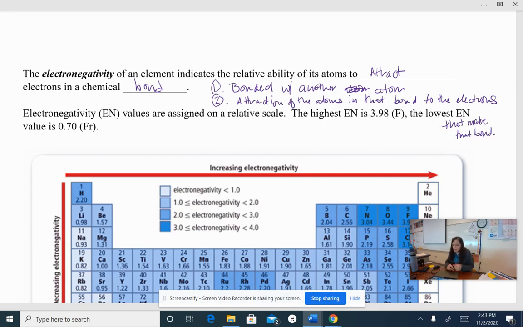Okay? So we have to have bonded atoms, and then we compare the 2 atoms that make that bond, and we compare the electrons and how attracted they are to either atom in that bond.